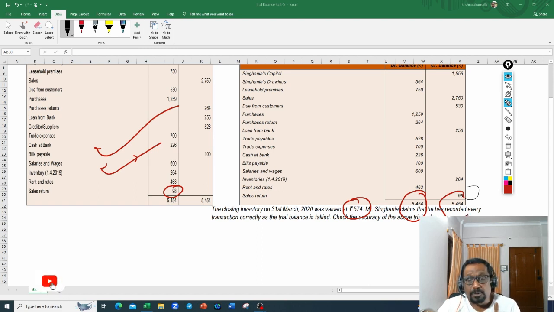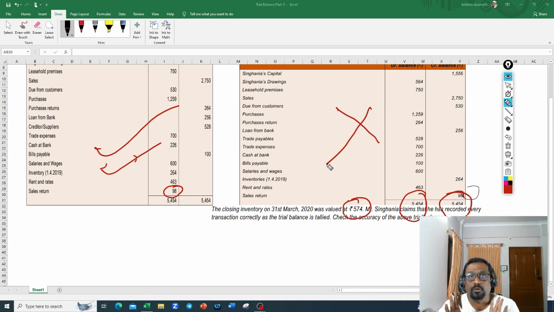But which has the right arithmetical accuracy here? The correct one. Why? Because there are some compensatory errors happened here. There are some compensatory mistakes he did, Singhania. So we rectified them, but totals are tallying.